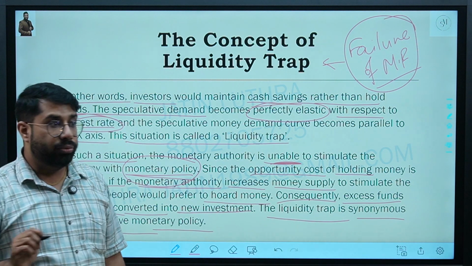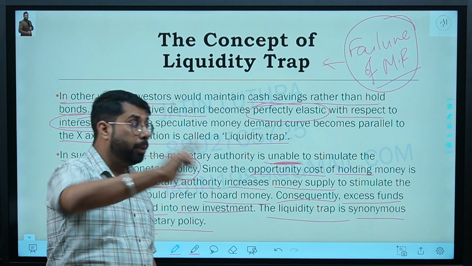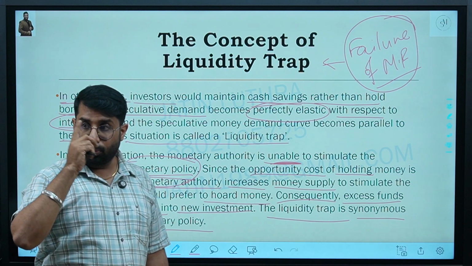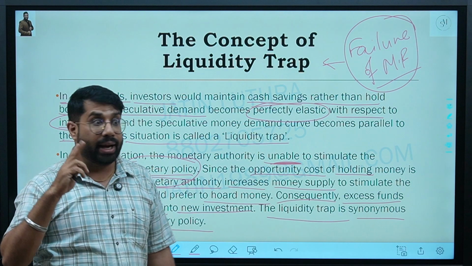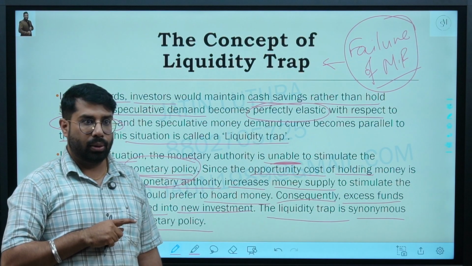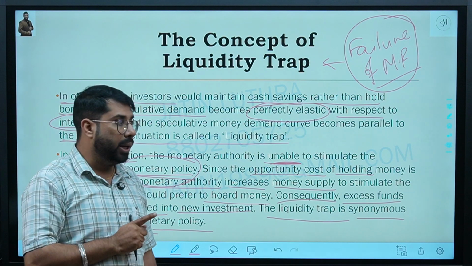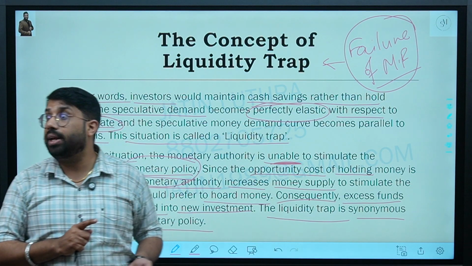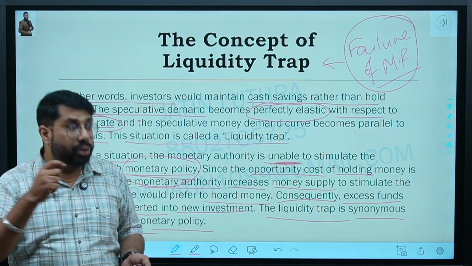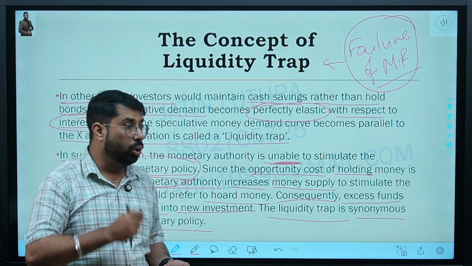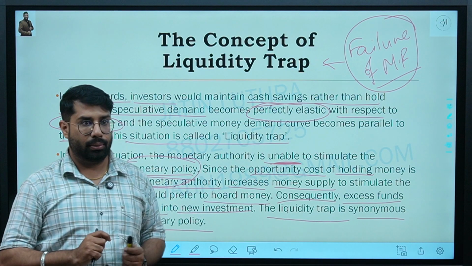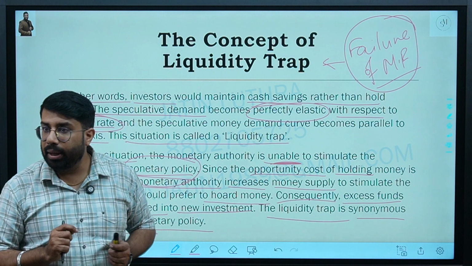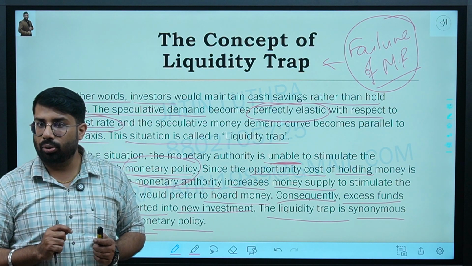That is the reason when we talk about the two most important policies of India, one of them is monetary policy and the second is fiscal policy. Monetary policy is so important that it may cause this situation. That is the reason it is drafted very carefully, so that even in extreme situations it should not fail. Are we clear with this thing? Yes or no? Yes, sir.